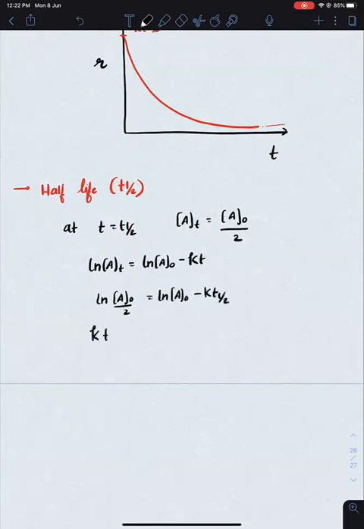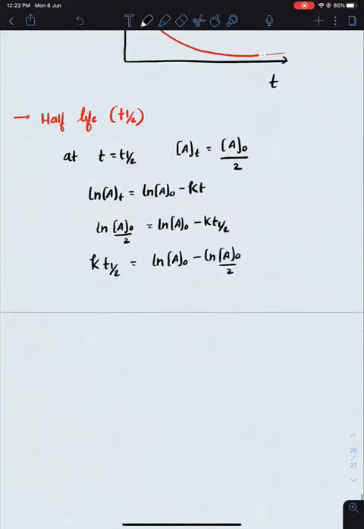So K times t half is equal to ln A naught minus ln A naught upon 2. ln A minus ln B is ln A by B. So it will be ln of A naught upon A naught by 2, which is equal to ln 2.